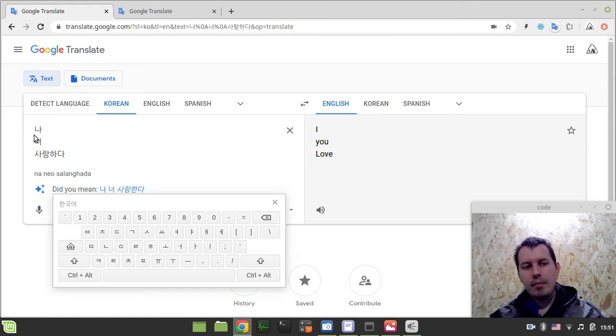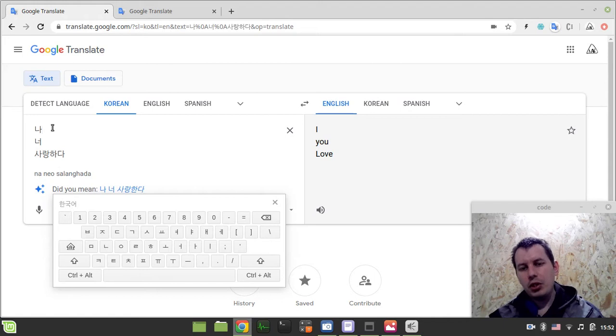However, well, to be absolutely precise, there is another grammar part which is called particle. So particles is the grammar unit that actually allows to mark subject, object, and whatever else. So here I is the subject and you is an object and to love is the verb.